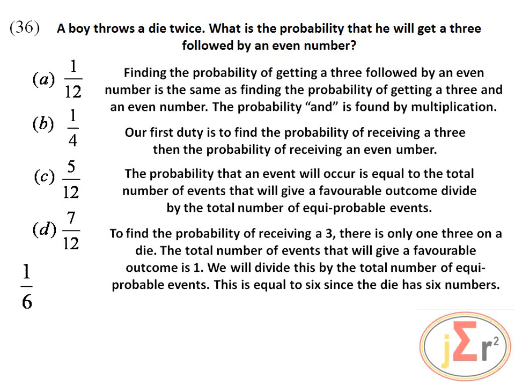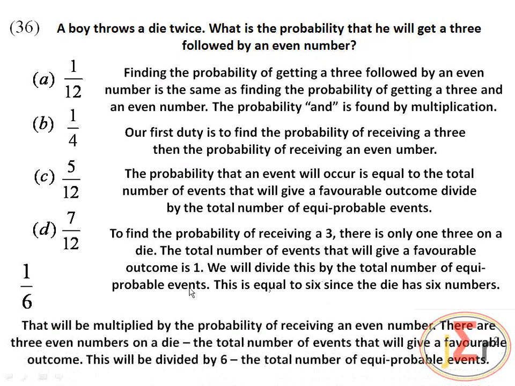So we have one 3, and we are required to find the probability of receiving a 3, which is 1 divided by the total number of events, each represented by the numbers on the faces of the die. That will be multiplied by the probability of receiving an even number.